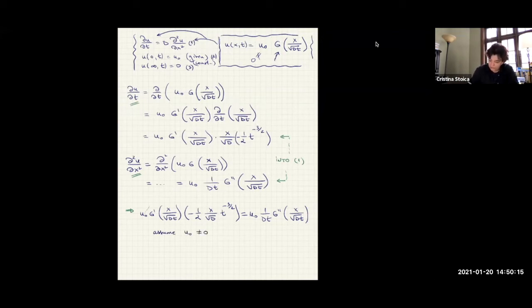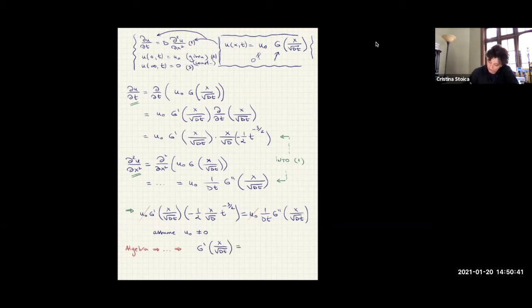Then we can cancel it. We do the algebra, and we end up with an equation in G that will look like this, G prime of, you can even see it directly if you're more comfortable with calculations.